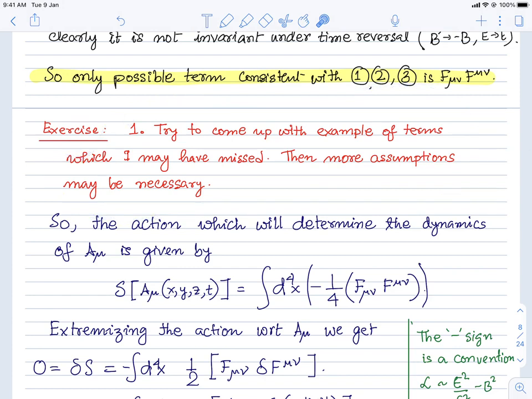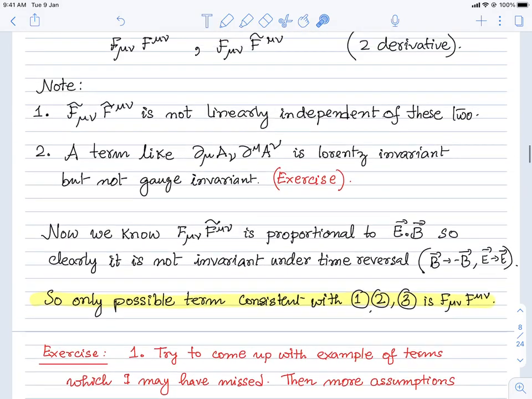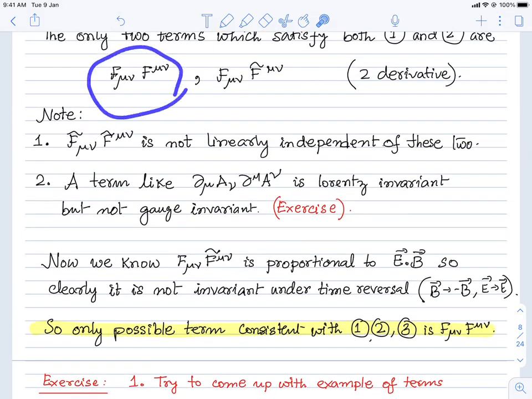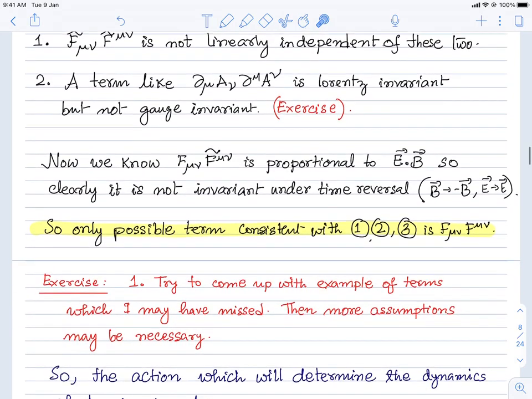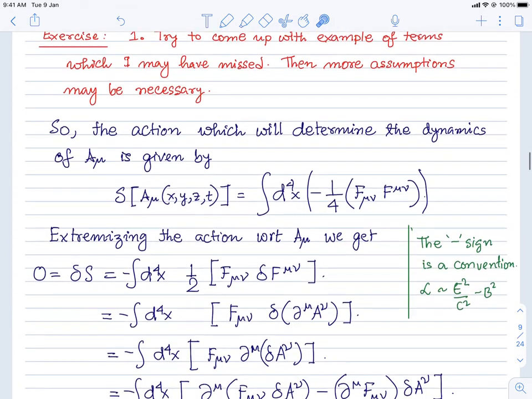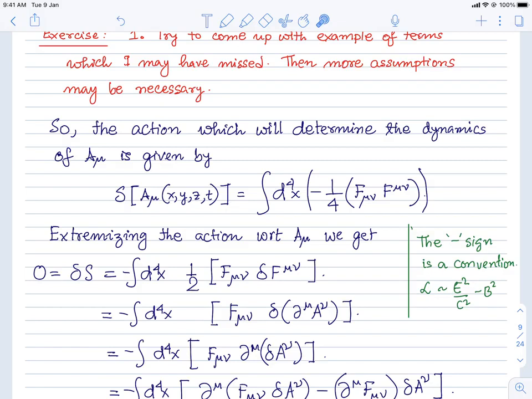Please do come up with more examples and try to convince yourself whether this is uniquely fixed or not, whether you can write down more terms. You should try to experiment. Maybe you need some more assumptions. This is not enough. Maybe you should put in some more physical inputs into the construction of the theory.